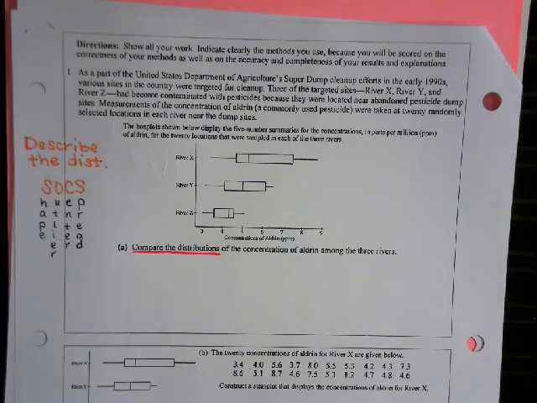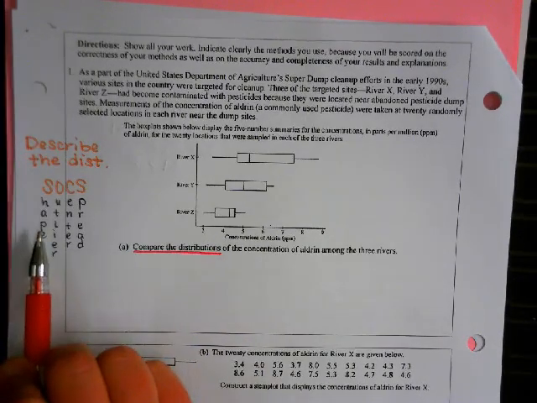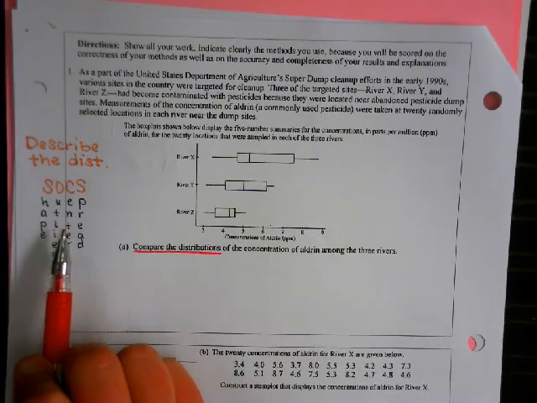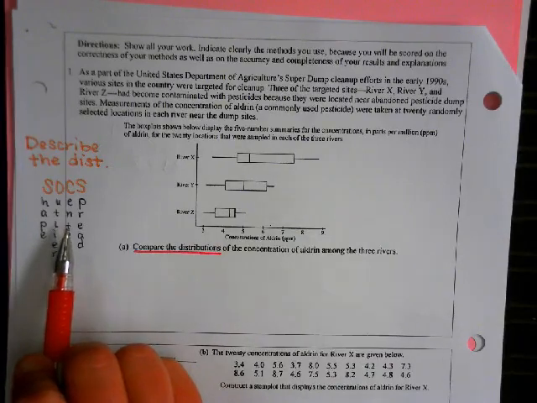Anybody say something different? I like your thought, and I suppose you could do it this way, Megan. Do the 3 and have a sentence for each one. I encourage kids to do 4 sentences. Why? A sentence on shape, a sentence on outliers, a sentence on center, and a sentence on spread.